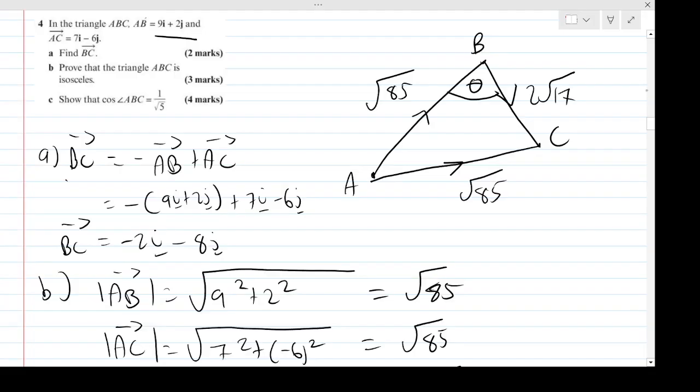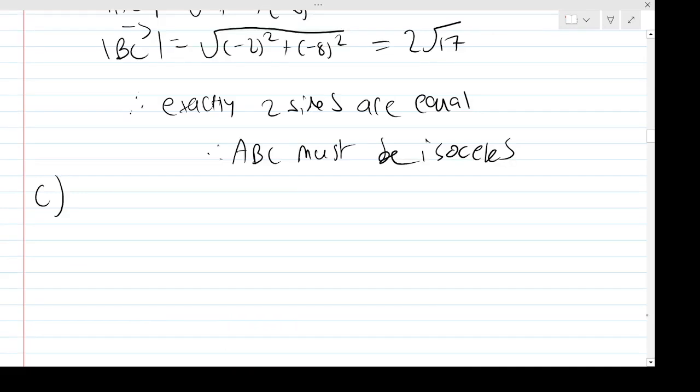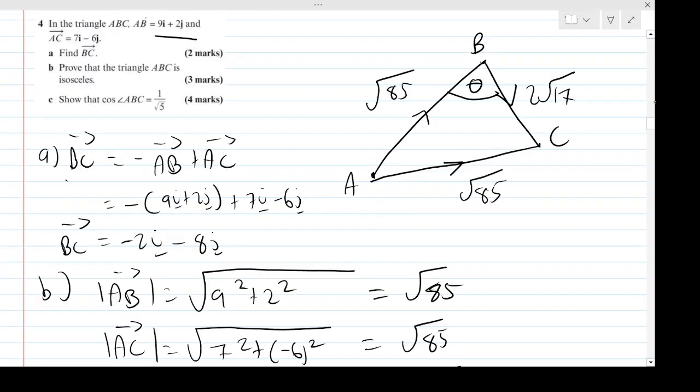So then I can use the cosine rule to find the angle theta. If I use the cosine rule, the angle theta at B is opposite the side root 85.